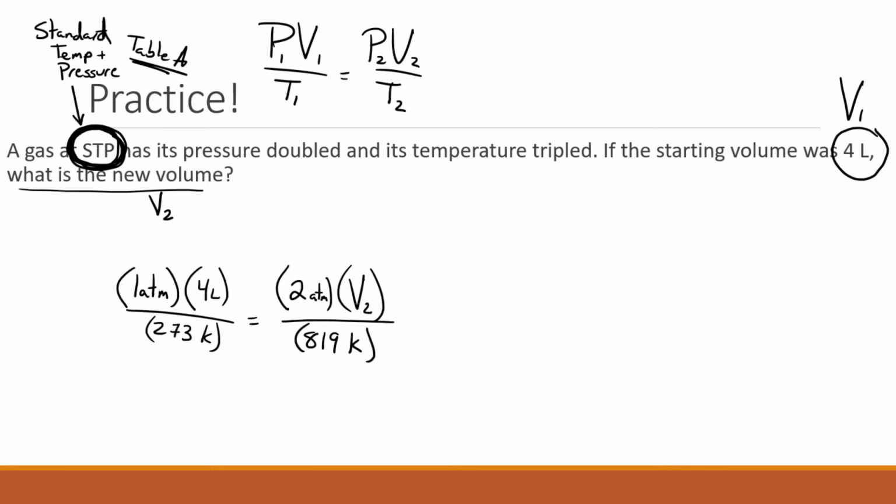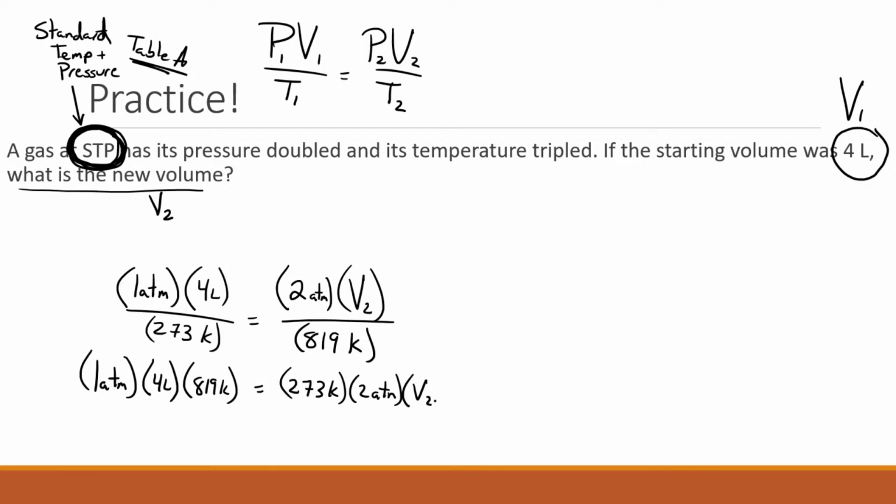And now all I need to do is solve. I need to do my cross multiplication. 1 ATM, 4 liter, 819 Kelvin equals 273 Kelvin, 2 ATM, V2.